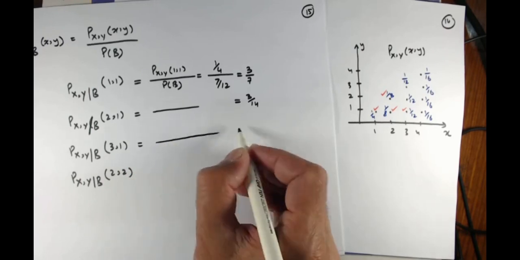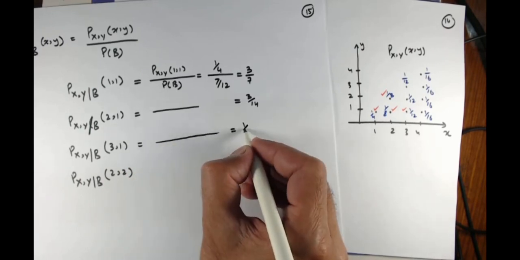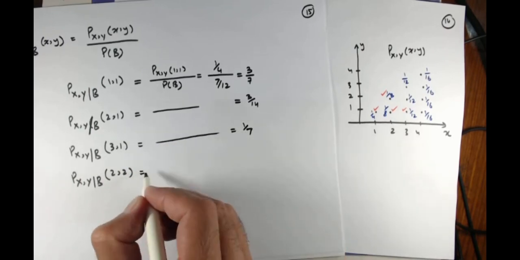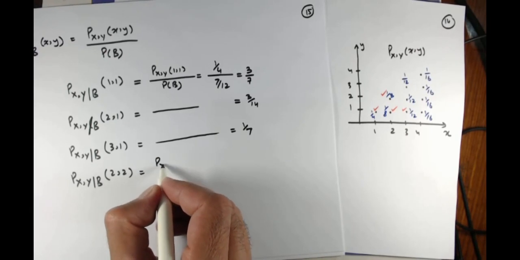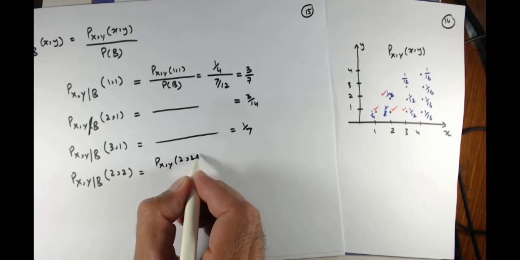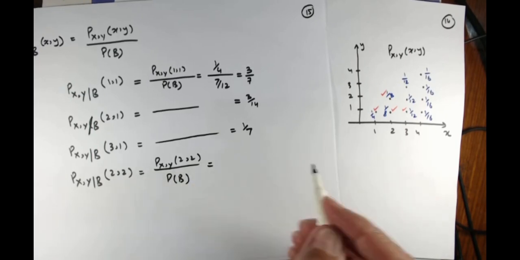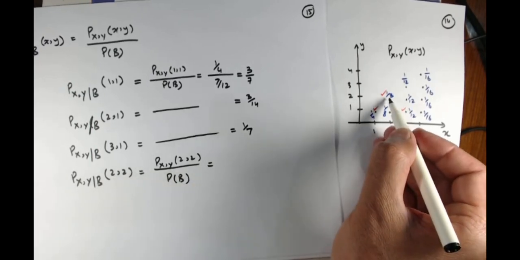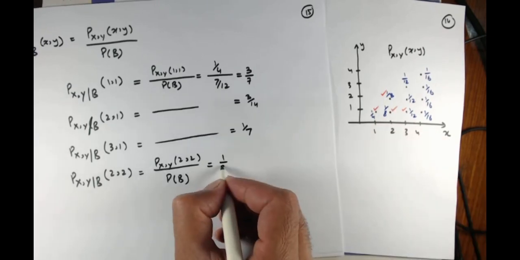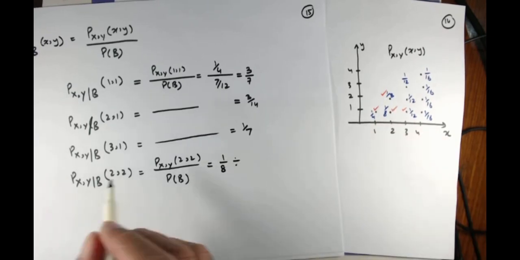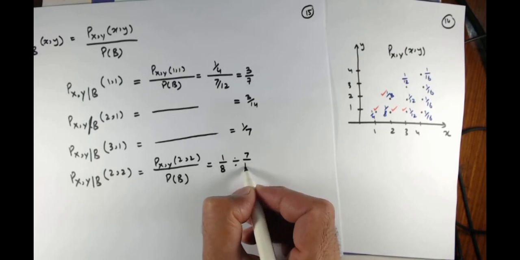Similarly here you will get 3 by 14. Similarly here you will get 1 by 7, and similarly here it will be P sub x comma y of 2 comma 2 divided by P of B. And what is 2 comma 2 unconditional? It is 1 by 8, divided by P of B, which is 7 by 12.